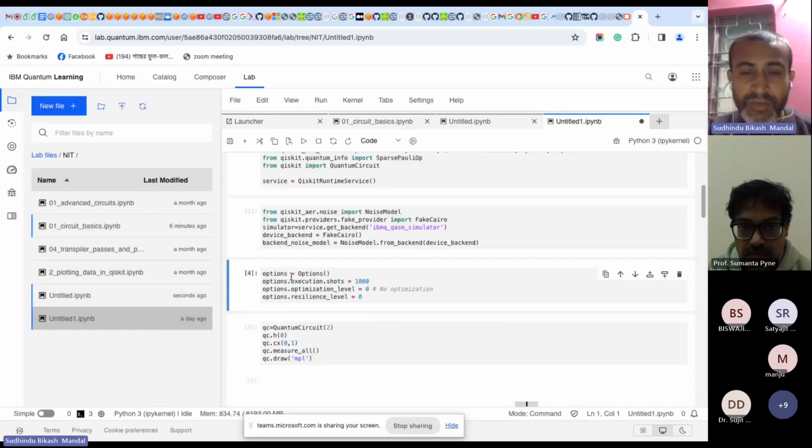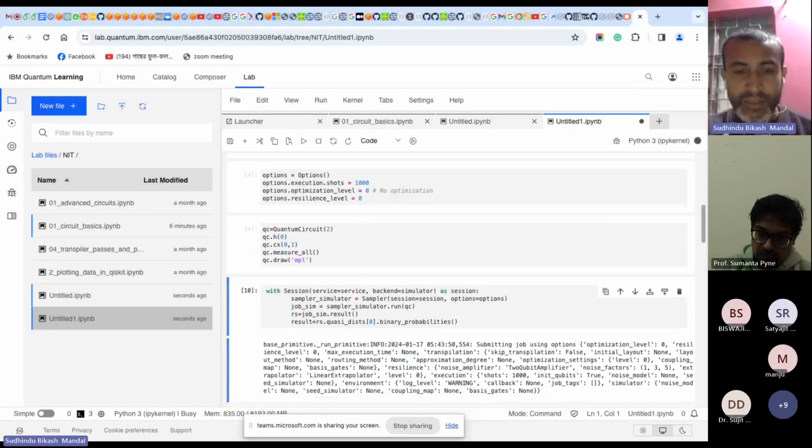Here is the options class. By using this options class, we pass different options to our Qiskit Runtime Service. I am setting the number of shots to 1,000, optimization level 0, and resilience level means whether I want to mitigate noise or not. Here I am not using any noise mitigation scheme.